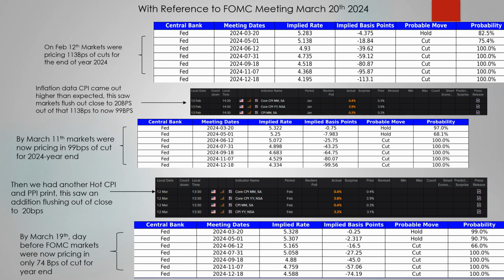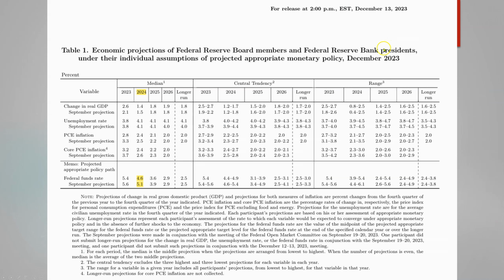Prior to the FOMC, after this hot CPI and PPI data, this was now the pricing before the rate decision. From having 113 to 99, we now had 74 total basis points priced in for 2024. So you can see the reductions based off of these CPI prints that we've been having.